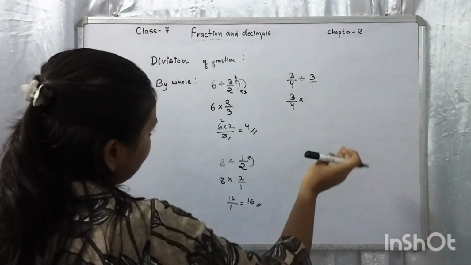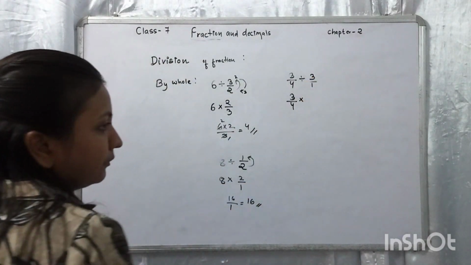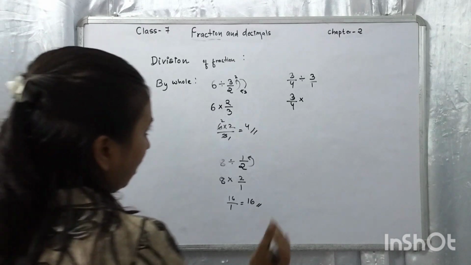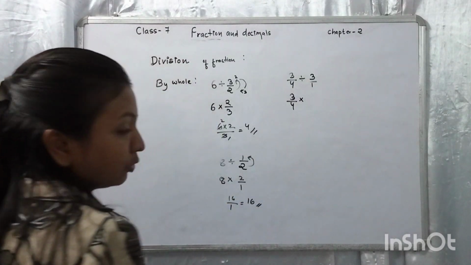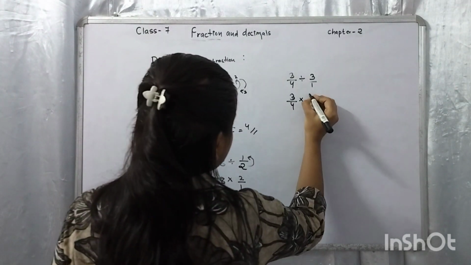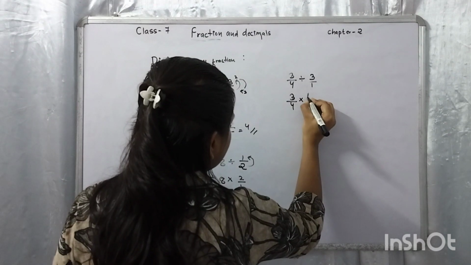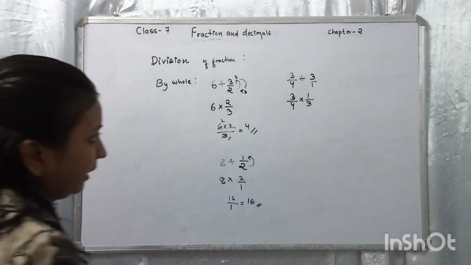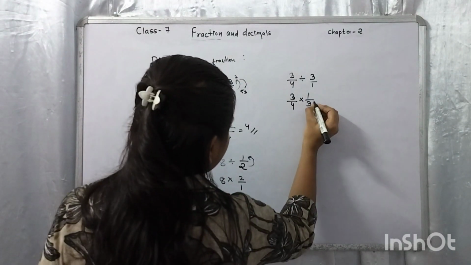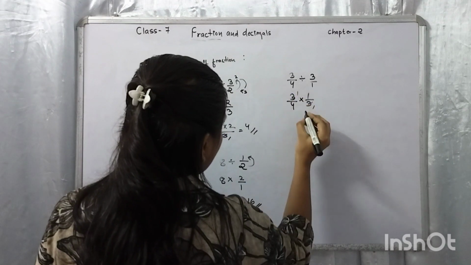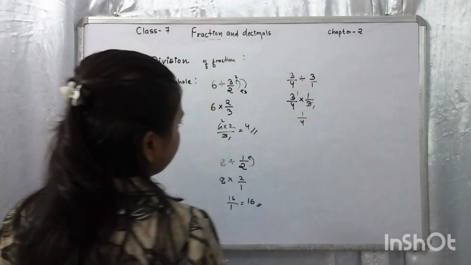So you will make a whole number into a fraction. Fine. So now you can reciprocal it easily. That is, 1 will go upside and 3 will come below. Fine. So that will be here 3 and 3 get cancelled out. So 1 by 4. Fine.